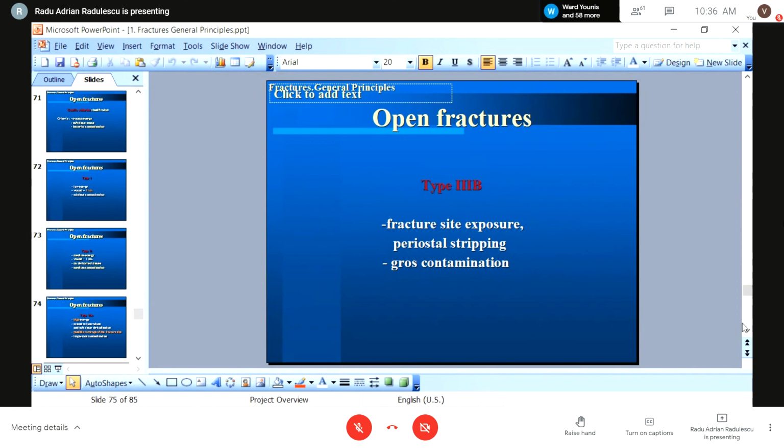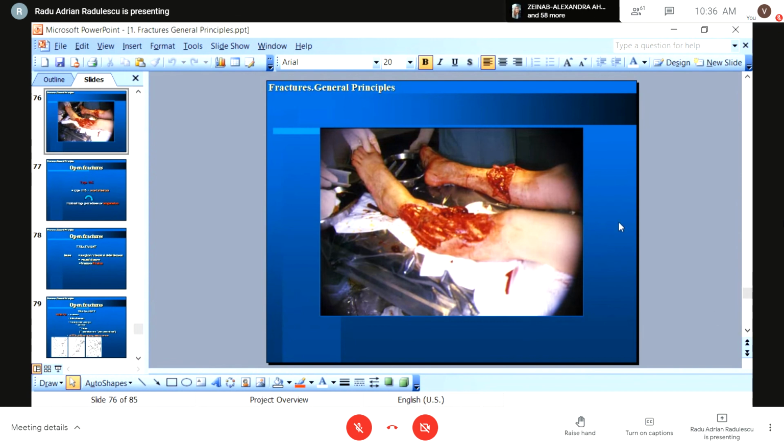So in a second surgery, we need to cover with skin the fracture site. Here is an example of this type of fracture. So we can see here the lack of skin, the extensive soft tissue destruction that cannot be covered primarily, only in the second surgery.